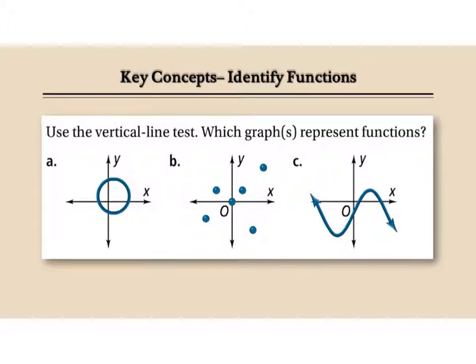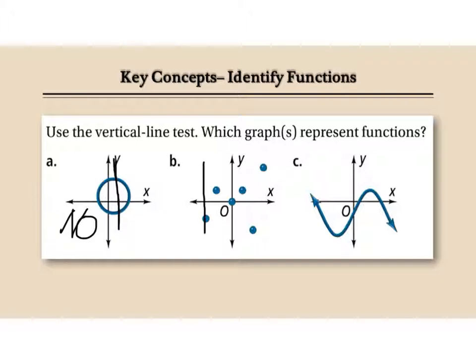So based on that information, which of these graphs represent functions? Well, I can draw a vertical line anywhere that passes through 2 points. So that one is not a function.